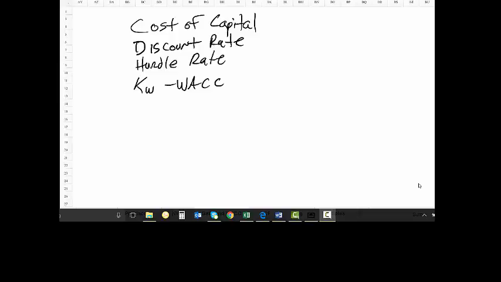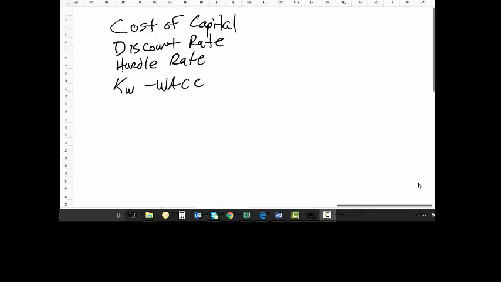There are other formulas and other methods to determine the cost of capital, but today we'll be using WACC, the weighted average cost of capital.